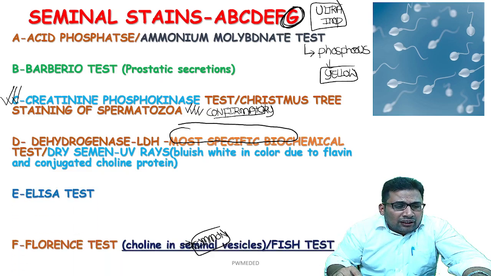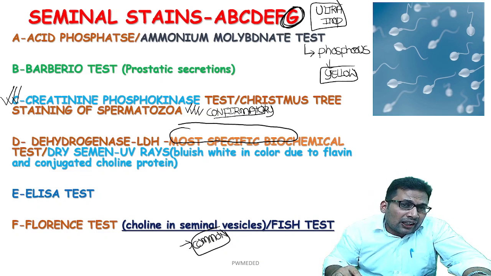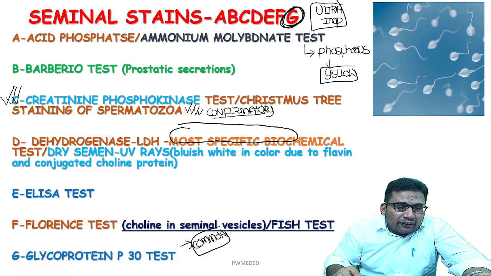E for ELISA test, F for Florence test. So Florence is nothing but choline in seminal vesicle. So if choline in seminal vesicle, choline iodide crystals, dark brown, then your answer will be Florence test. And G for glycoprotein P30 test, which is one more very commonly used test nowadays.